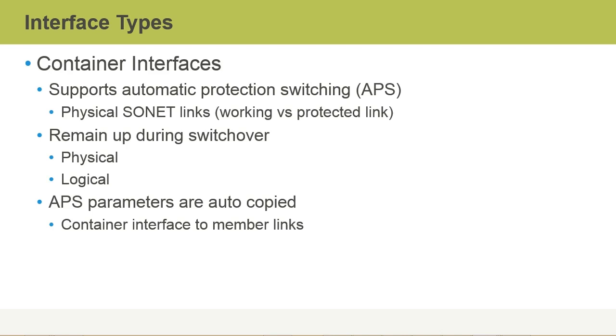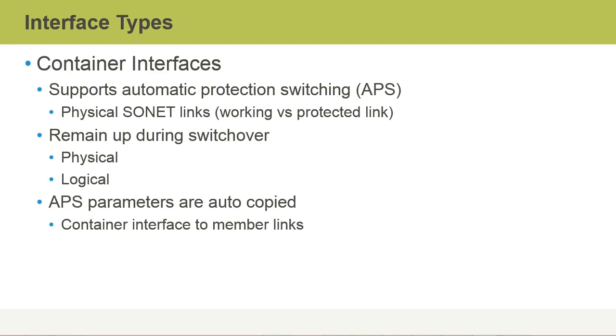So you could have two SONET links, which are two totally different physical interfaces. Instead of configuring the interfaces individually, as totally separate interfaces, we logically group them together in a container interface, and you perform your configuration on the container interface so that those two physical links are treated as one unit.